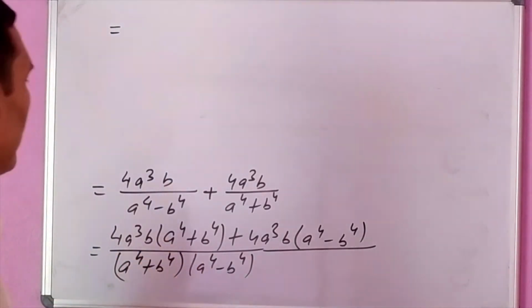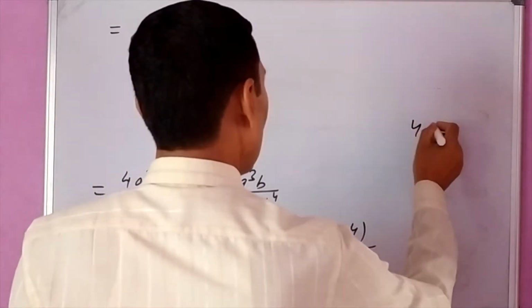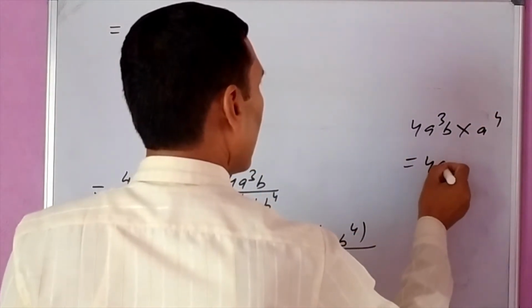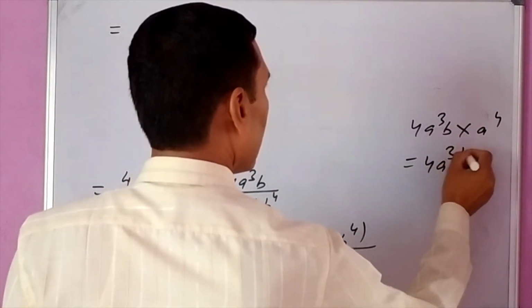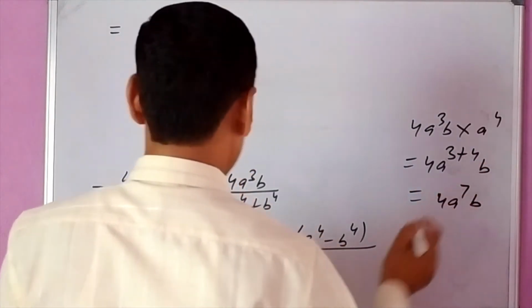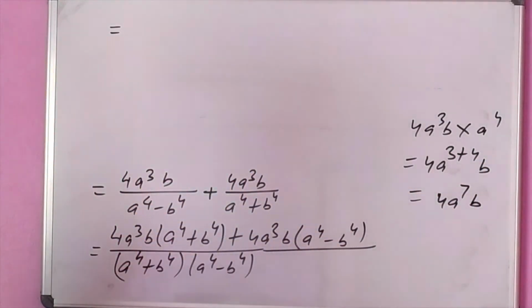4a cube b into a power 4, 4a power 3 plus 4, that is 4a power 7 b. On the same base, in multiplication, power added together.